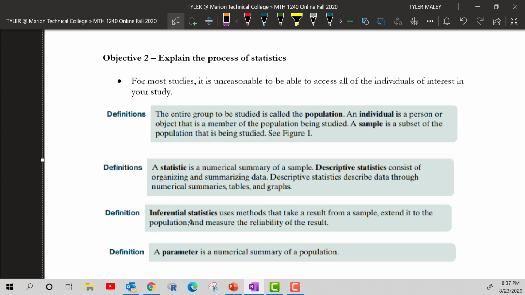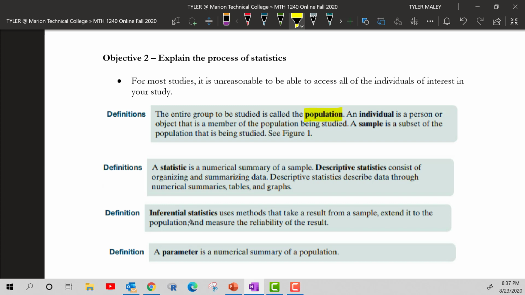As you could imagine, not all male Marian Tech students might respond to my survey or let me measure them, or I might have trouble tracking everyone down, right? So just logistically, it's not really practical to get measurements from every single person in what we call the population, right? And that's the first term here, right? Population. So population is the entire group to be studied.